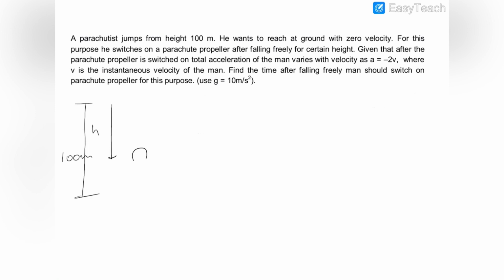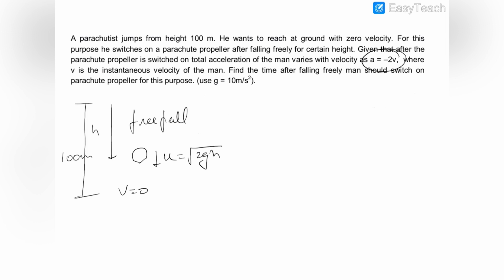And after opening the parachute, his acceleration was a is equal to minus 2v, and he has to reach the ground with zero velocity. So let us suppose that at this instant his velocity is u, and u would be under root 2gh, because he has fallen freely for this time.